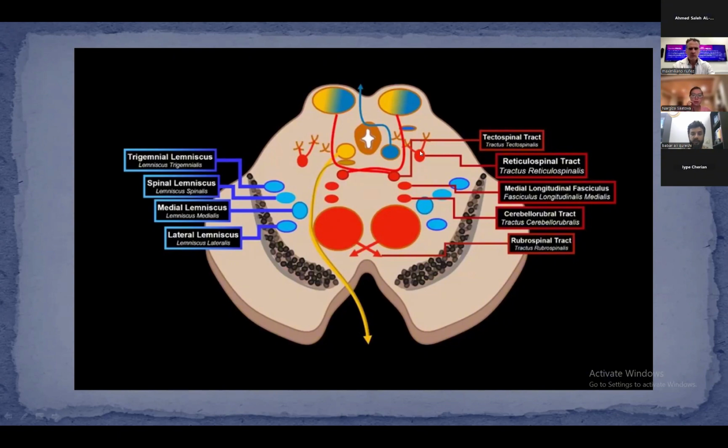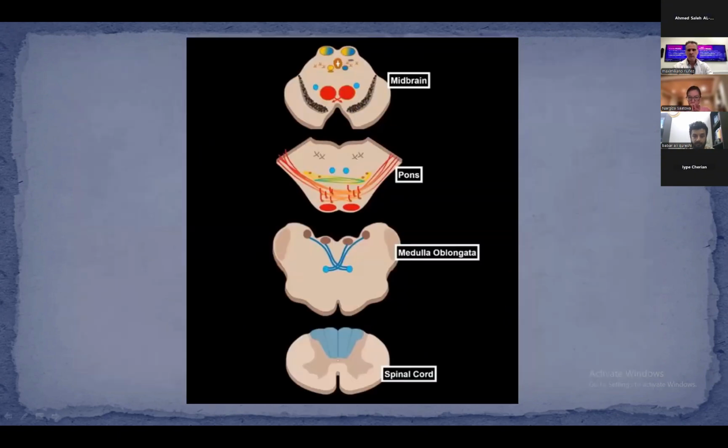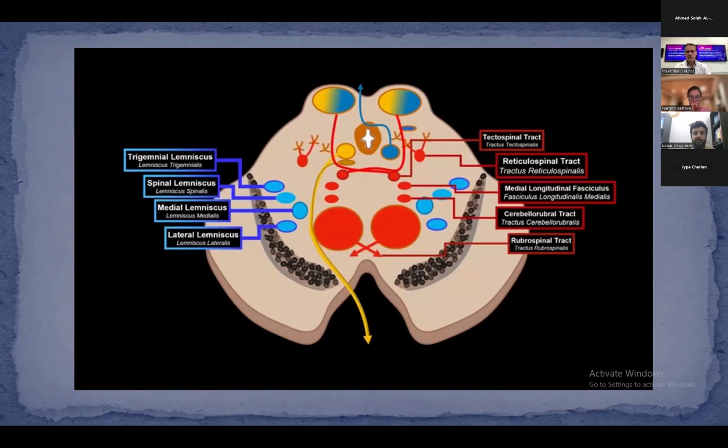On either side of the aqueduct, there is also the reticular formation. These cells are shown here. These are important for carrying the reticulospinal tracts. These are important for functions like arousal and coordination of the body.